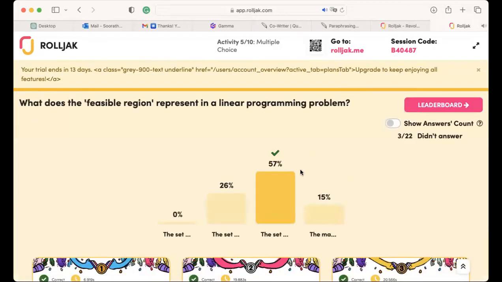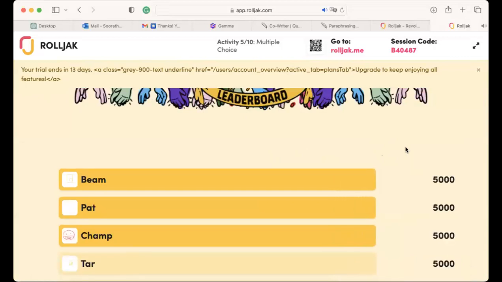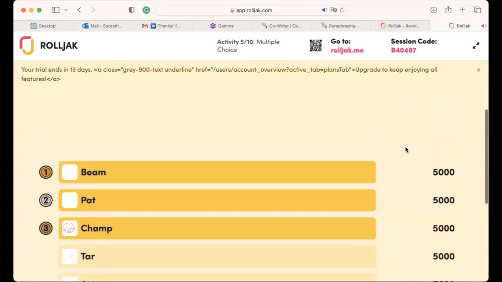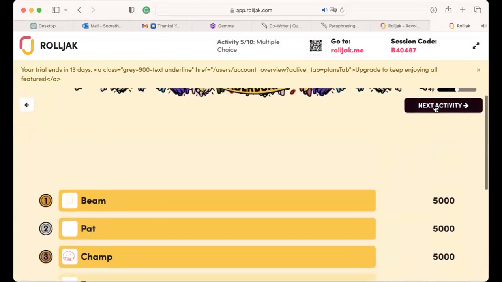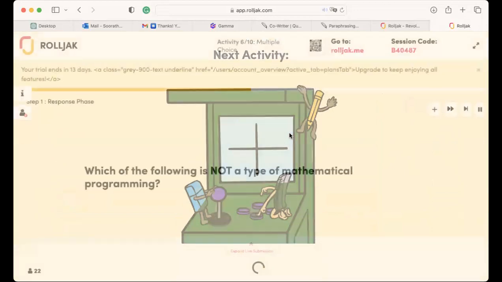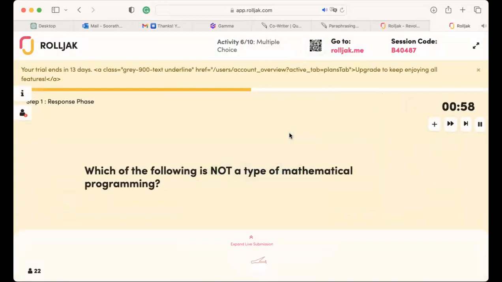Oh, okay. The right choice is the set of solutions that satisfy all constraints. Okay. We are halfway now. Beam is online. Okay, next question. Which of the following is not a type of mathematical programming?